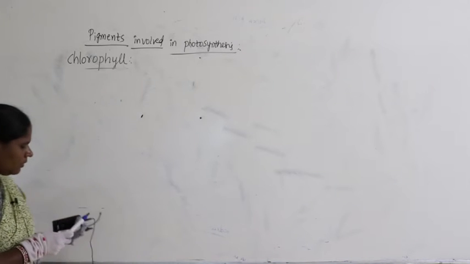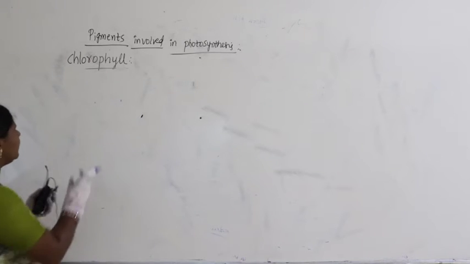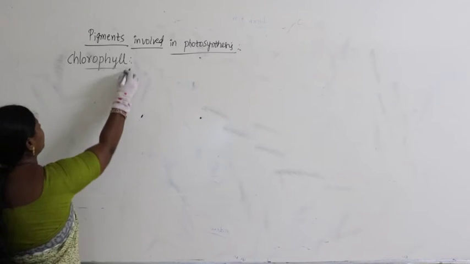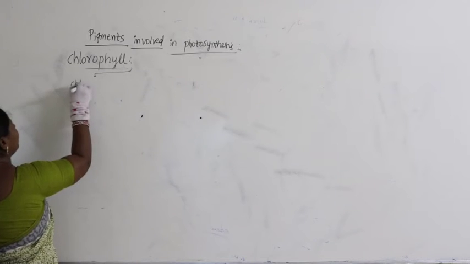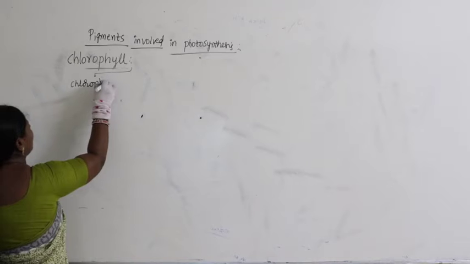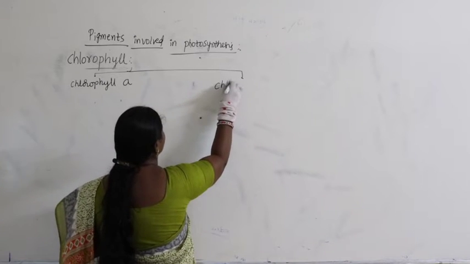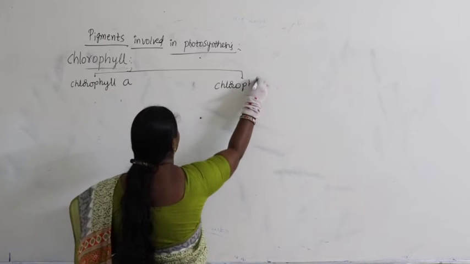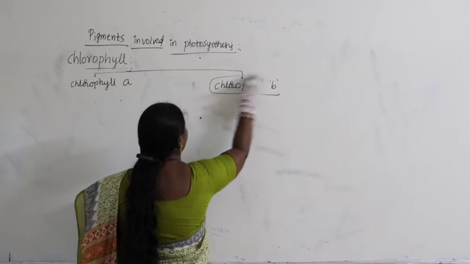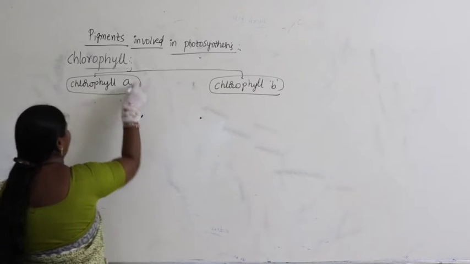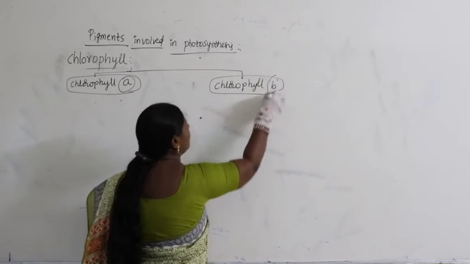Now let us continue. When you look carefully here, let us differentiate between chlorophyll A and chlorophyll B. Why are we comparing chlorophyll A and B here?